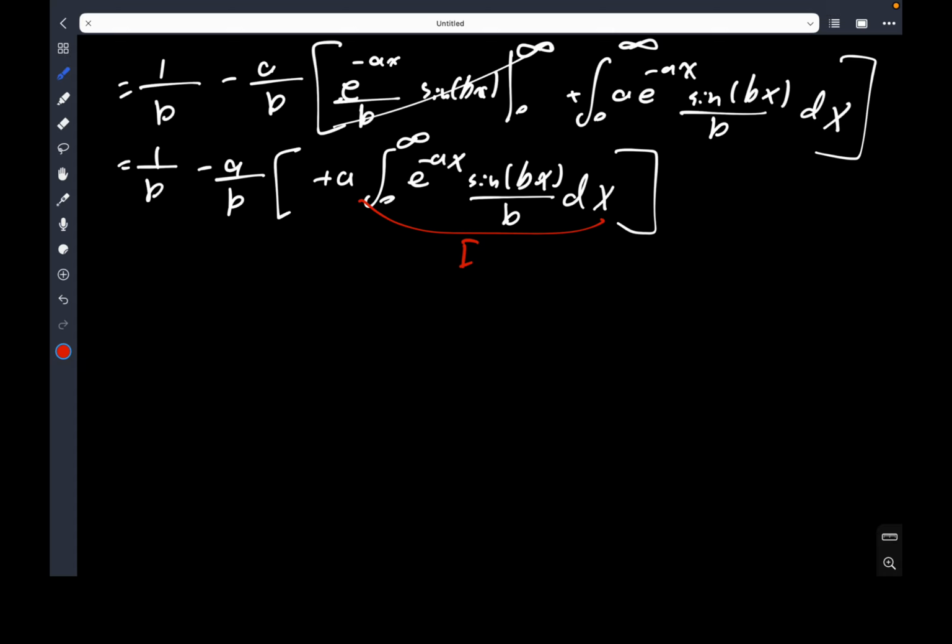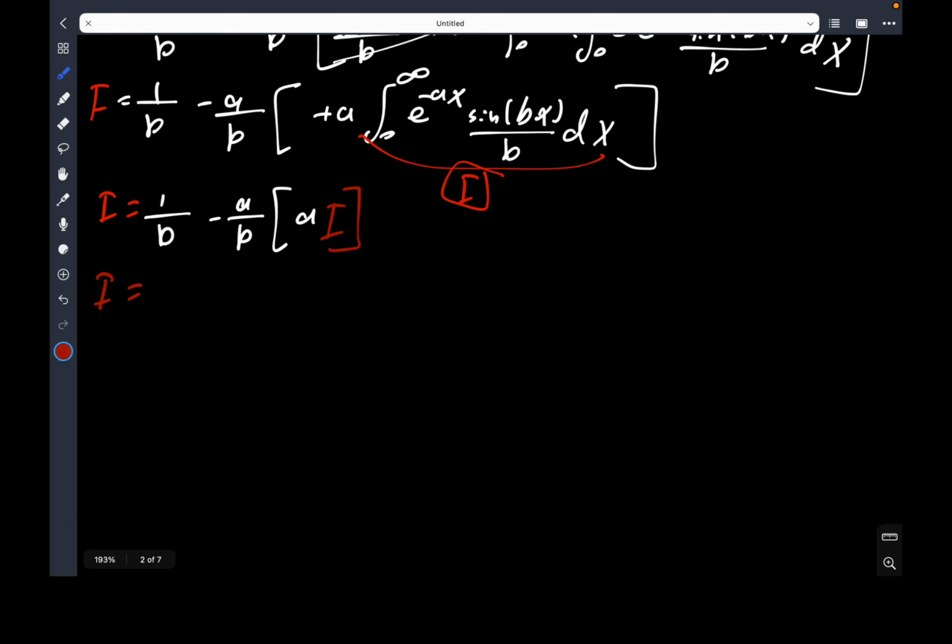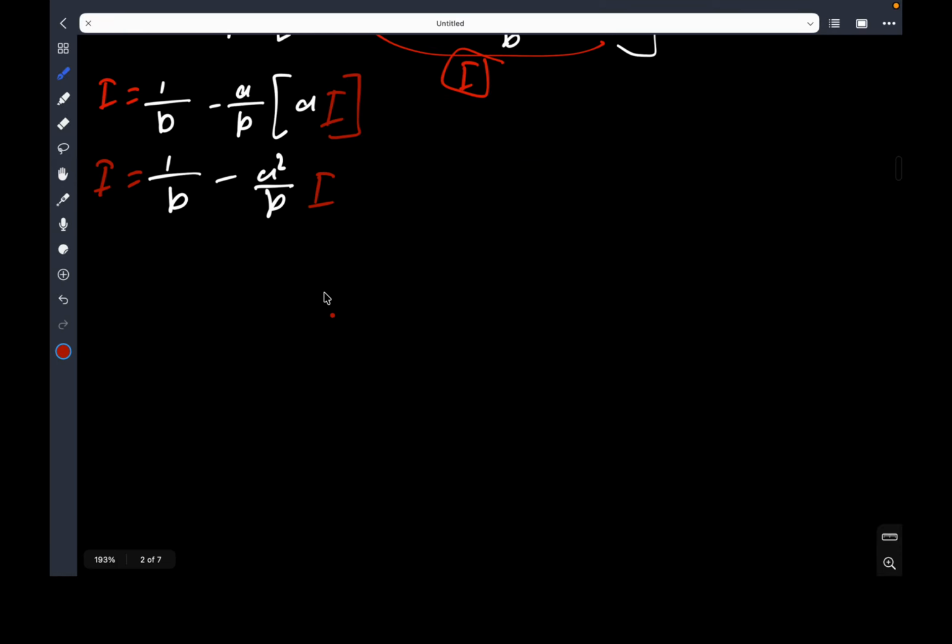This is my integral, and it's equal to I. Thus I can write I to be equal to 1 over b minus a over b times a times I. Now I is going to be 1 over b minus a squared over b times I.